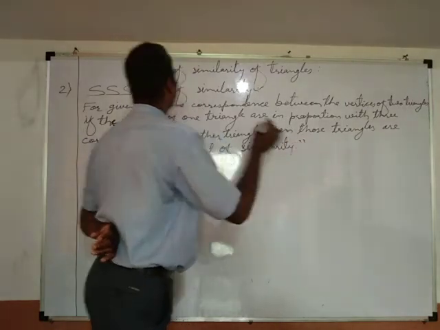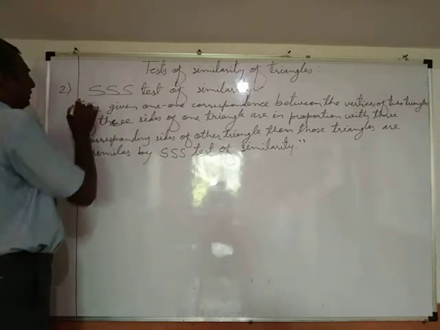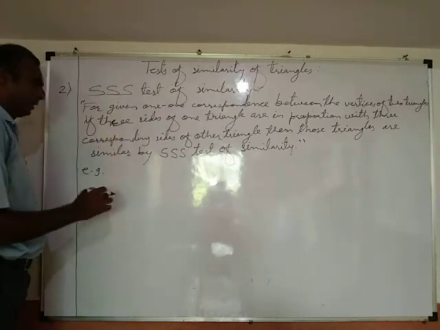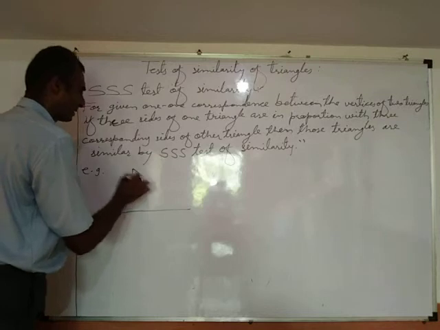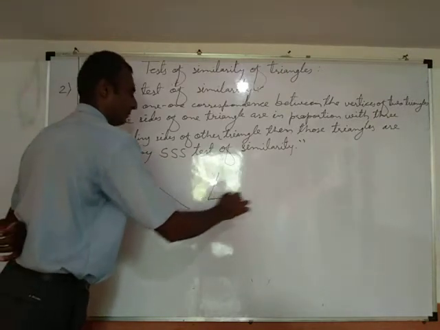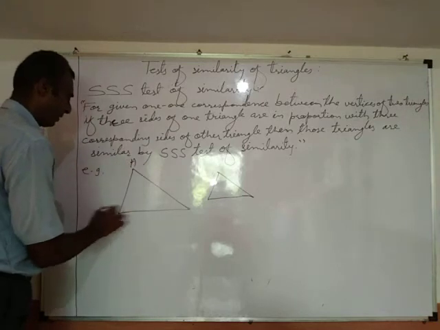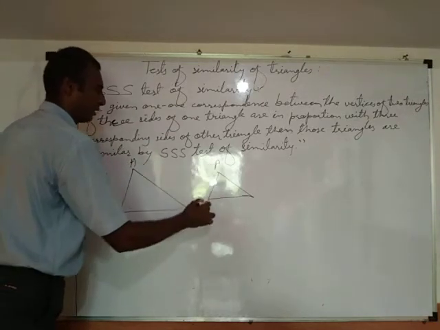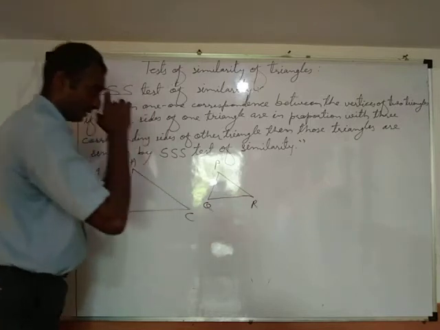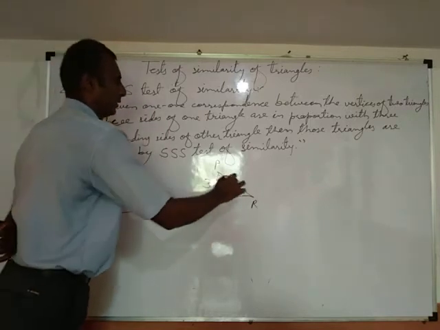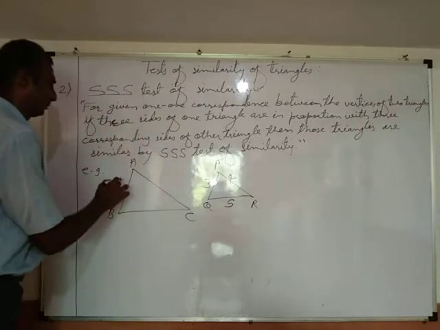Okay. Example, let's consider a pair of triangles. Triangle ABC and a triangle PQR such that the sides are like this.